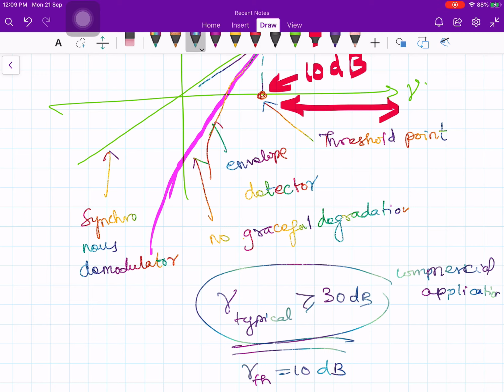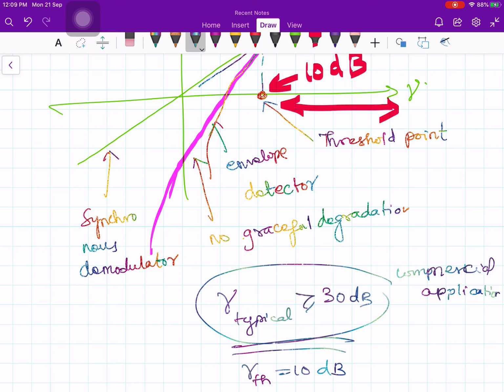Now what are the motivations to use an envelope detector? Because it has the threshold effect, right? In your synchronous demodulator, we don't have this threshold effect. Even if the signal goes bad, you can recover back, not a problem. But here, if the input SNR goes below a threshold value, then there is some problem. Then why do we need to use this envelope detector?